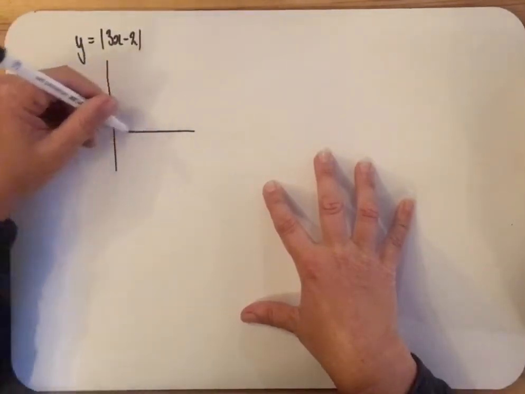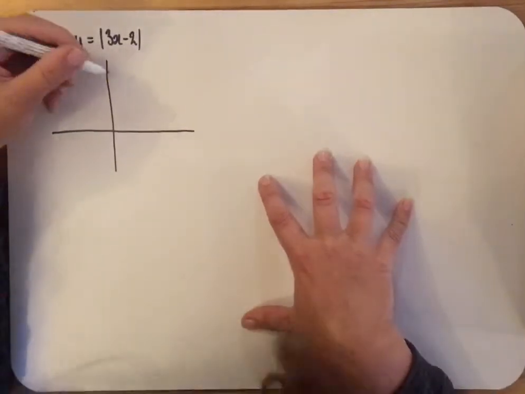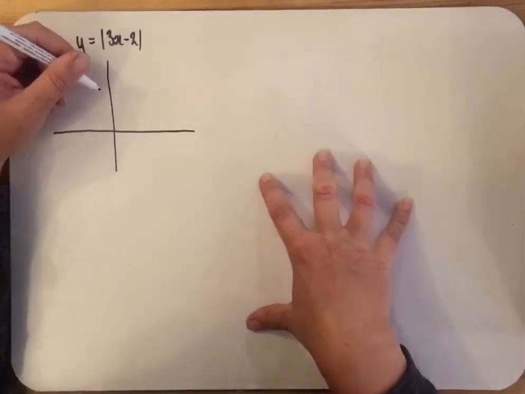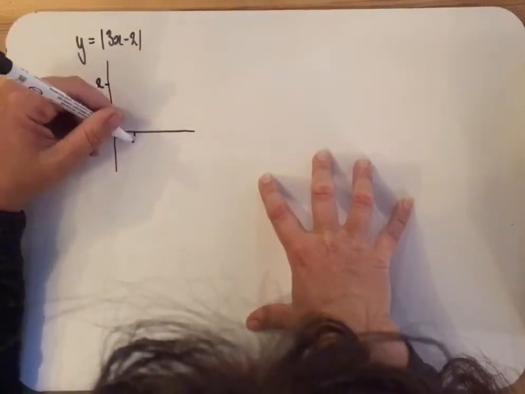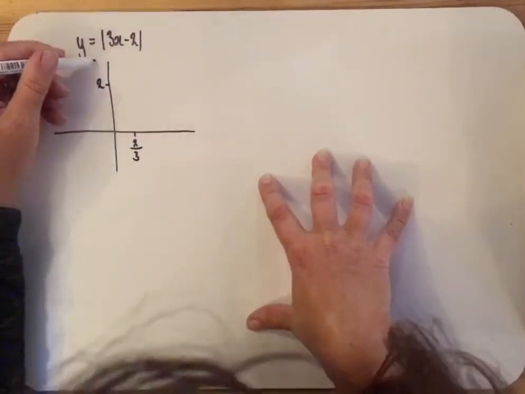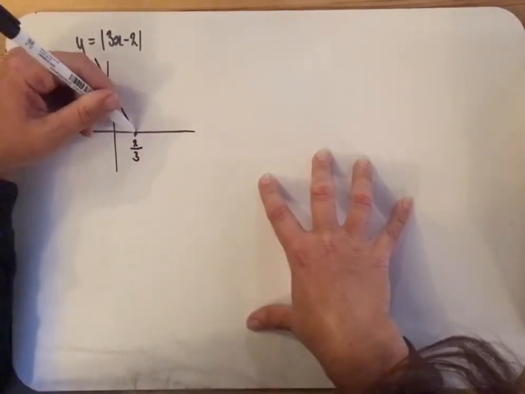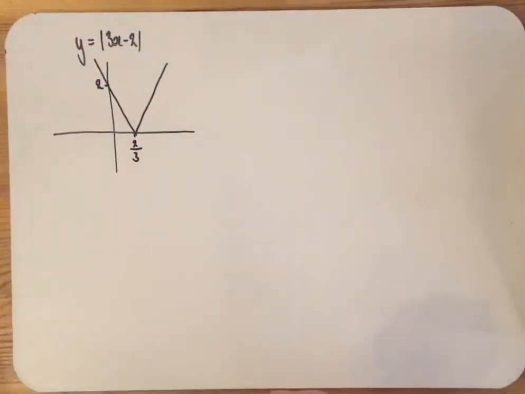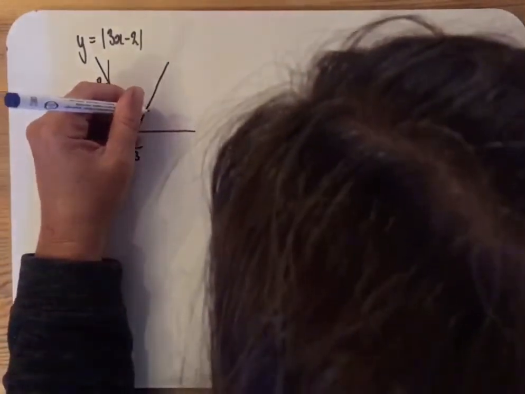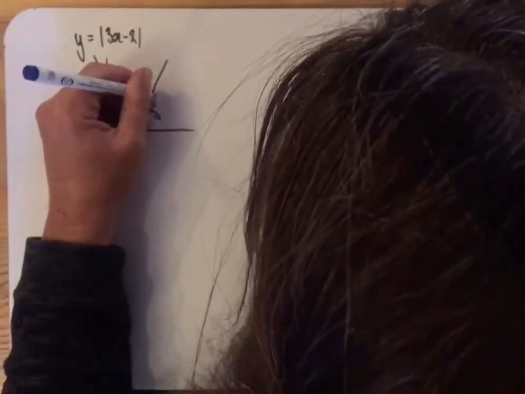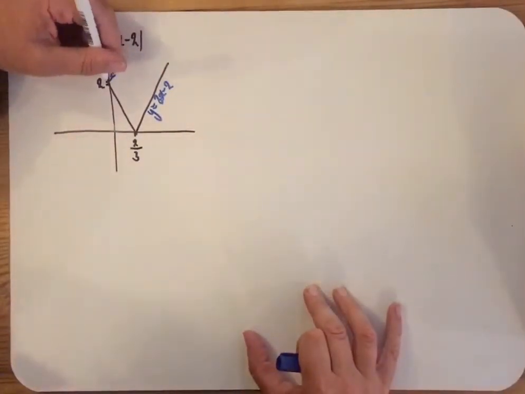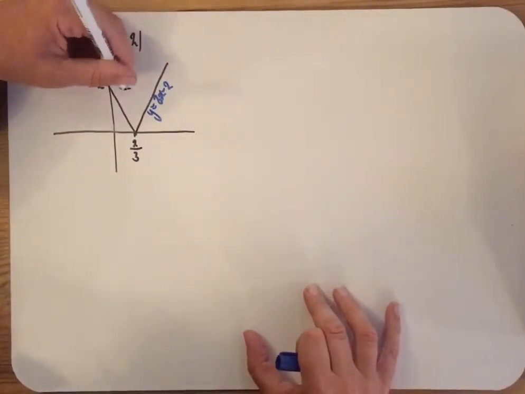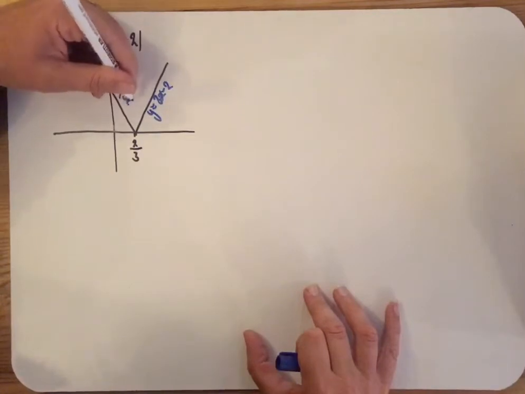And that goes through 2/3 on the x-axis, like so. And then equations of line segments: y equals 3x take 2, and on this side we've got y equals minus 3x take 2.